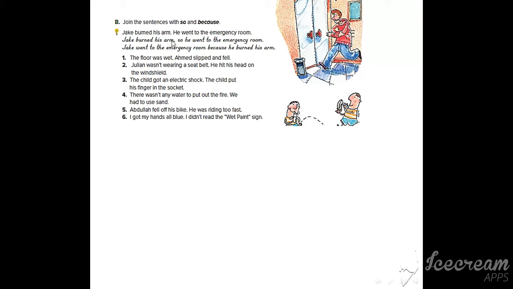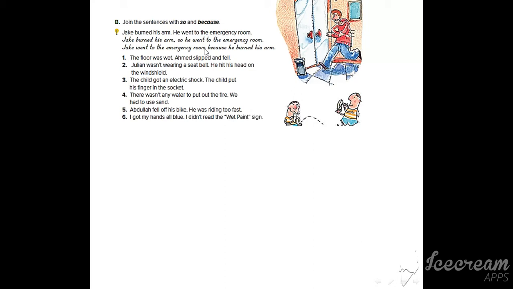Jack burned his arm, comma, so he went to the emergency room. The reason he went to the emergency room is, according to the first sentence, he went to the emergency room. So I use so. Jack went to the emergency room.